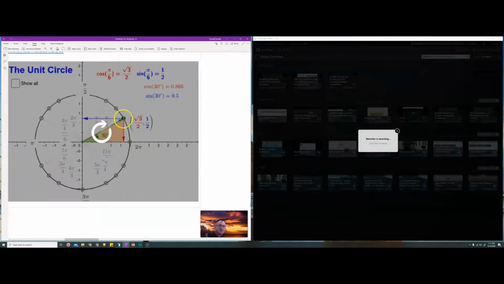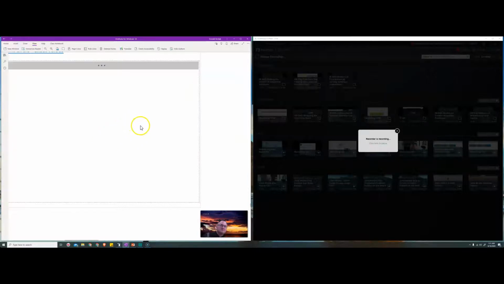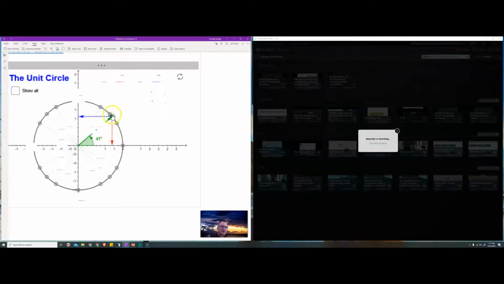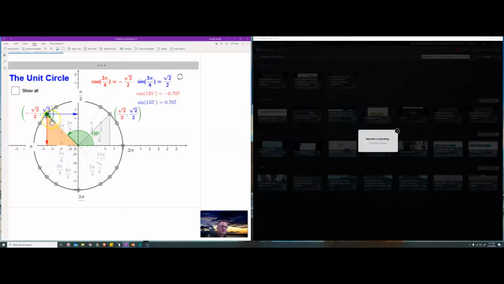So on this animation here, there's the first quadrant at pi over 4. I flip it over the y. All that changes is the sign on the x coordinate.